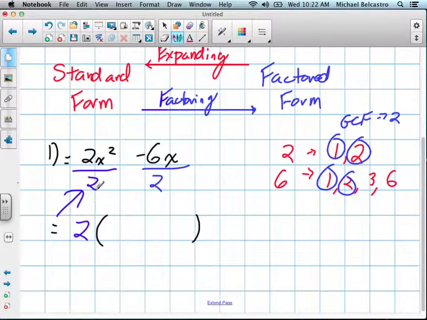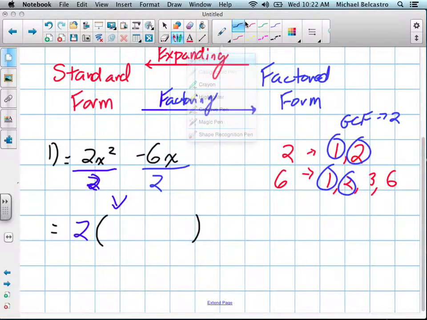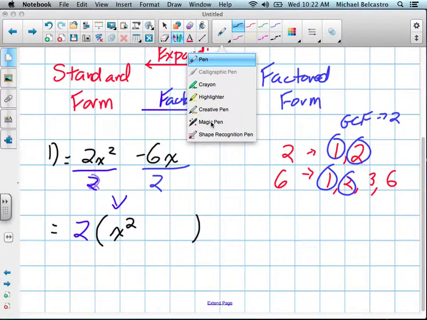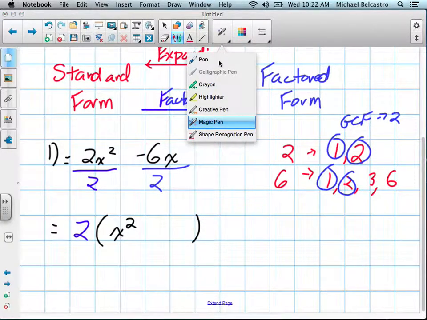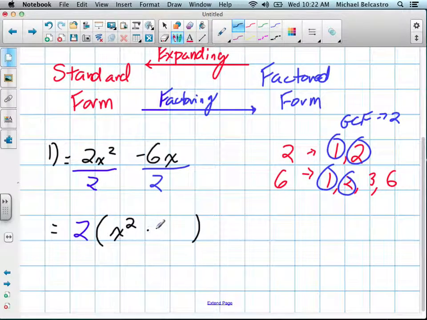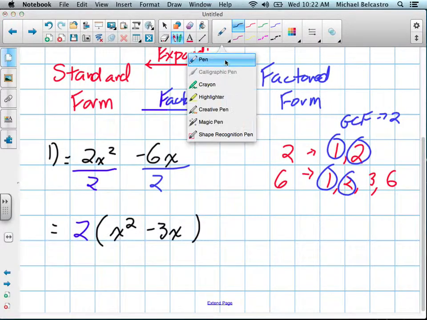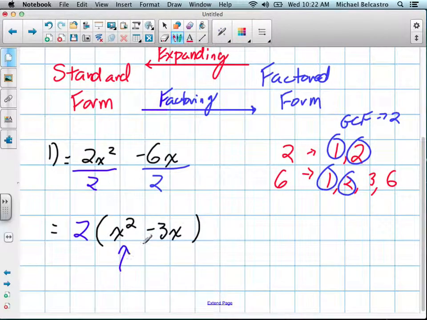Inside the brackets is what we've calculated. 2x squared divided by 2, what would that equal? X squared. So that's the first term in the bracket. Same idea. Negative 6x divided by 2 would give us what? Negative 3x. Those are the 2 terms inside the bracket.